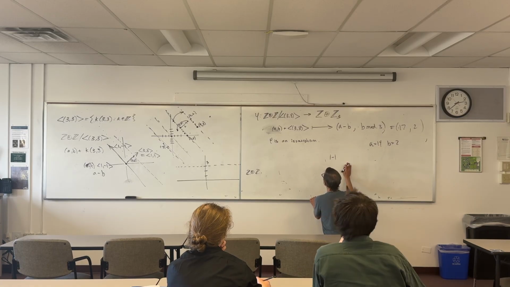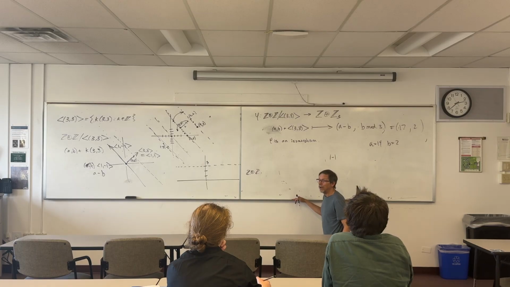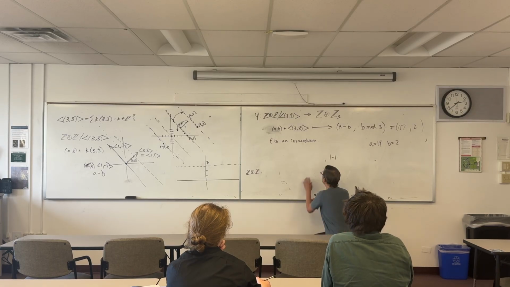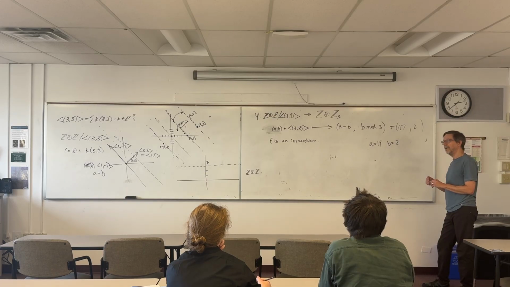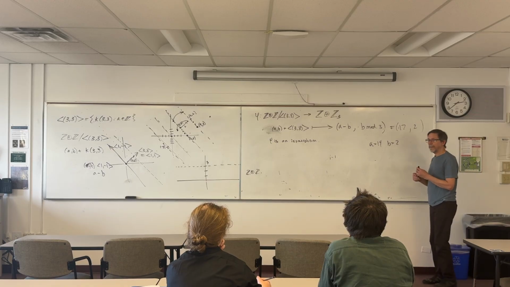Wait, I'm confused about how your A and B work, because if B is equal to 2, 2 mod 3 would be 2. Okay, I see what you mean. Is that cool? So you just have to be careful.